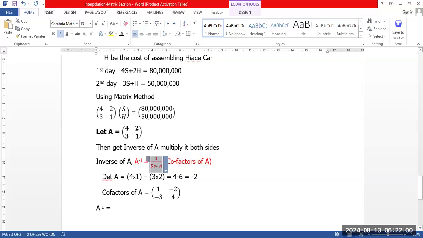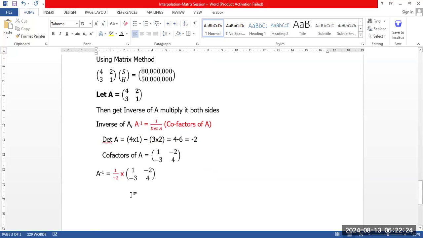Where you have the determinant, put -2, since we already have our determinant as -2. Then I multiply by the cofactors. I have my cofactors, so I multiply them here. So this will be equal to what?